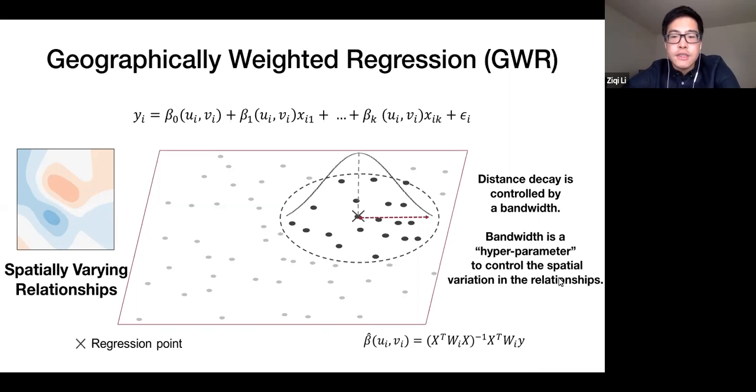Such distance decay is controlled by a bandwidth, which is actually a hyperparameter used to control the spatial variation in the relationships. So by applying geographically weighted regression, we'll be able to capture the potential spatially varying relationships between the covariates and the response variable.